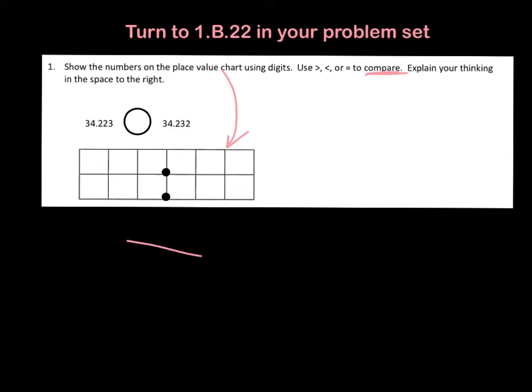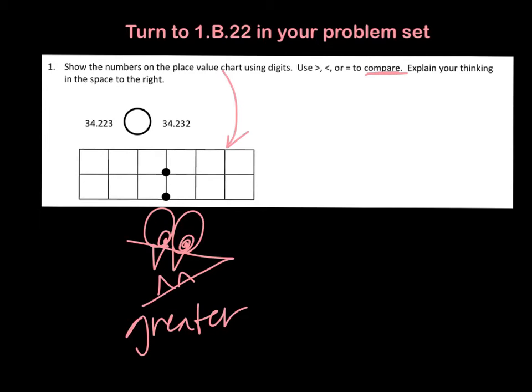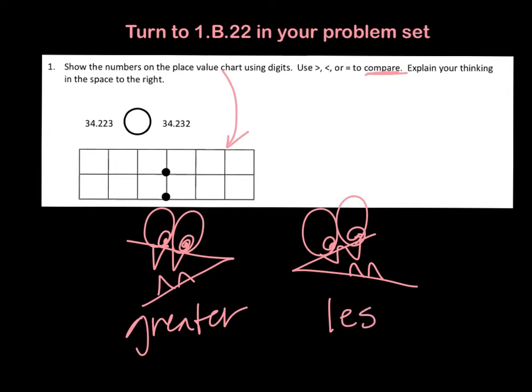Now, I always draw my greater than signs as like a chomping alligator. That means greater. And my less than sign looks like a backward L, that means less than. And you guys know what equal to means. Now we have 34.223.